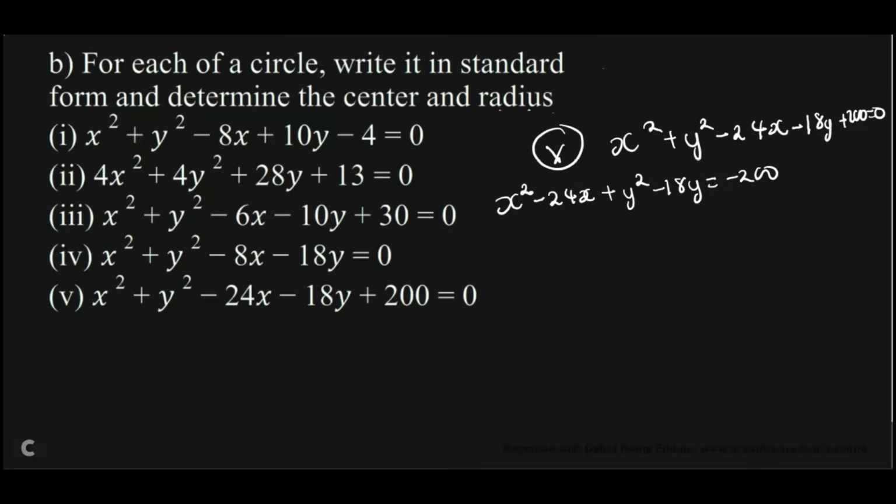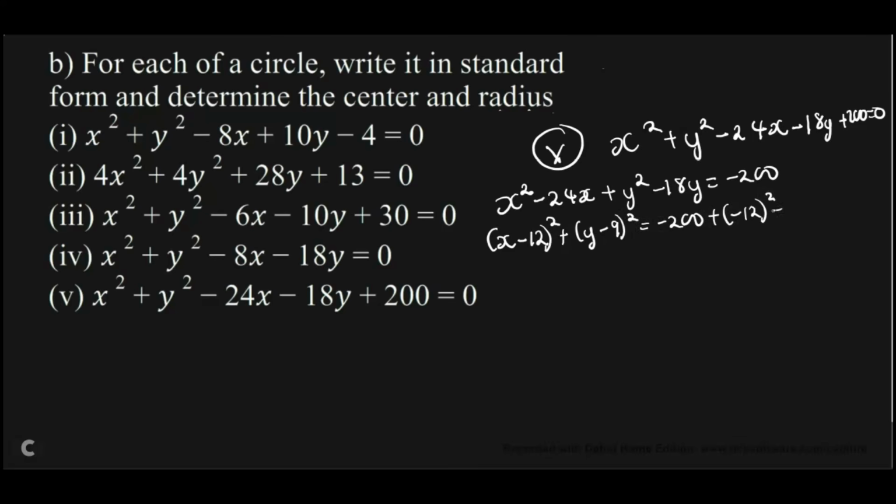So in this situation, do the same thing, which is what? X, the half of that is 12, squared, plus y minus 9 squared, equal to negative 200 plus the half of negative 24, which is negative 12.